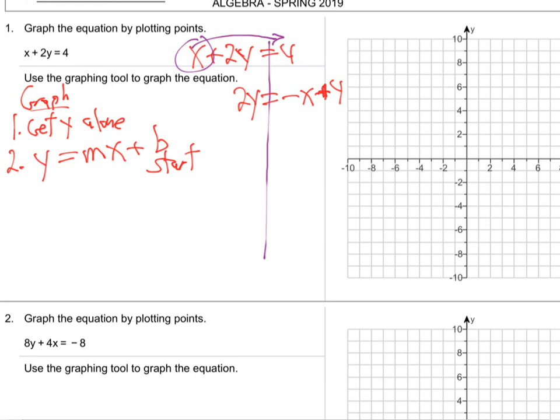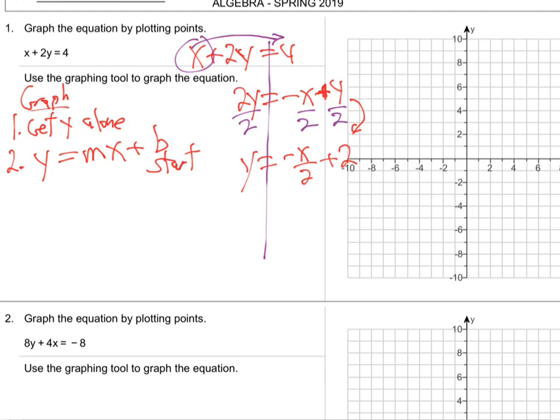And now, what do I do to finish getting y alone? Divide by the 2. Remember, when you divide, you do all 3 of them. So y equals minus x plus 4, all over 2. 4 divided by 2 is 2. So there we go.